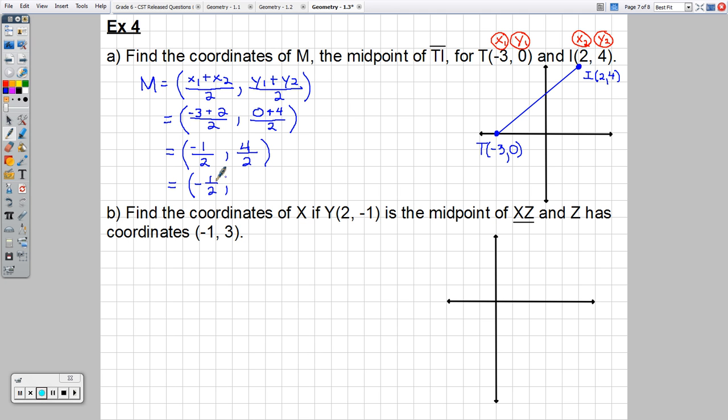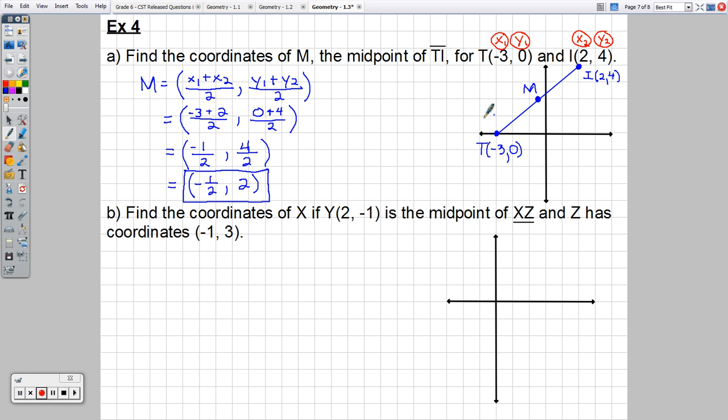It means the same thing. 4 divided by 2, however, is 2. It can be simplified to that. So it looks like this is the midpoint M. If we look at our picture, if we go -1/2 over and then up 2, does it look like that matches up on the picture? Does it look like that's where it's supposed to be? Yes, so that's a good way to check our answer.